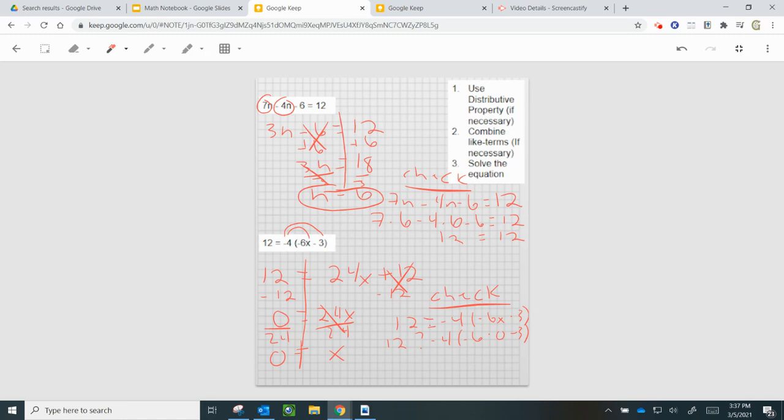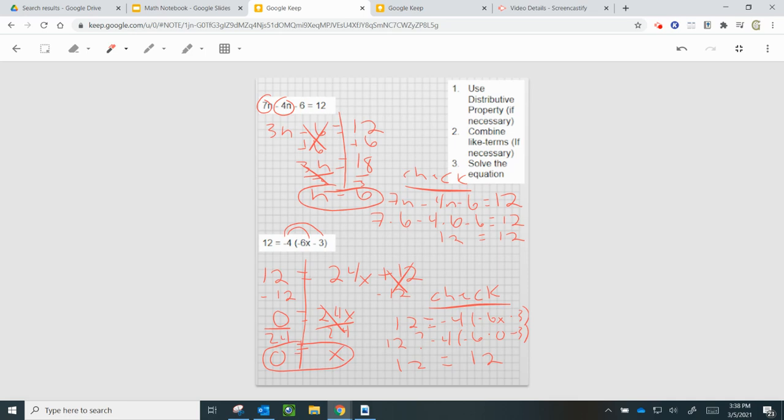So then I'm going to put that in my calculator. Negative 4 times parenthesis negative 6 times 0 minus 3 parenthesis. And it says 12. And it was supposed to say 12. So I know 0 was the right answer.